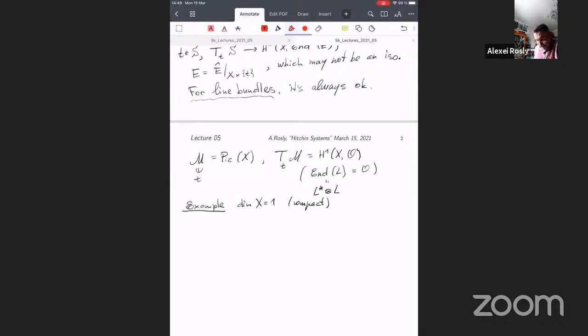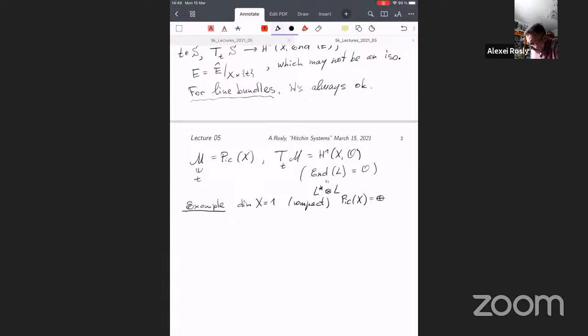Okay. Now, the Picard group consists of components. So the Picard group of a curve is a direct sum.